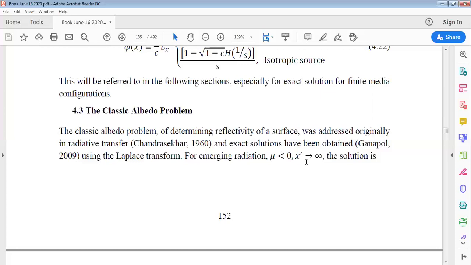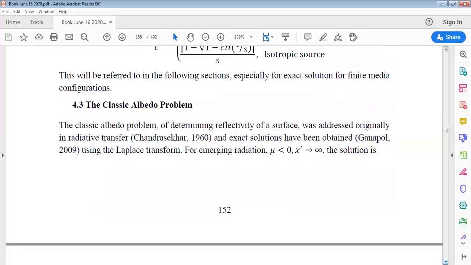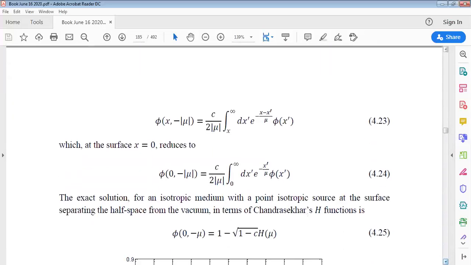Okay, so for emerging radiation, both Chandrasekhar and Ganapol showed that the solution looks like this. There's a neat decaying exponential over here, times phi of x prime. Now this is an integral equation. How do you solve it? It's not straightforward. You can do it by Chandrasekhar's H function.